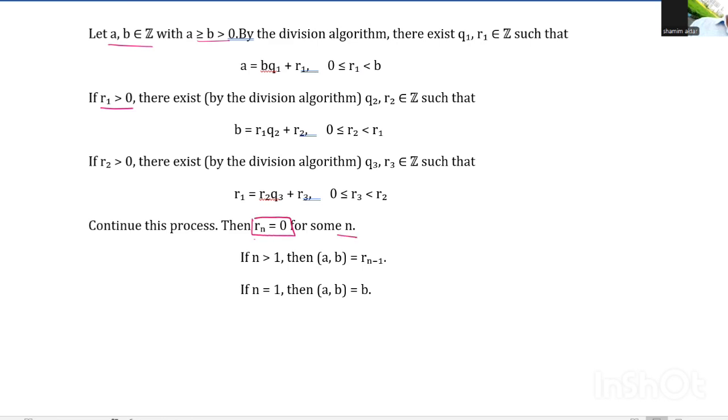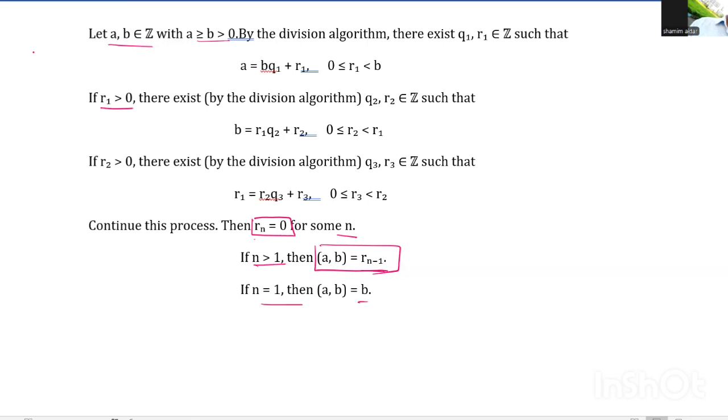If n is greater than 1, then GCD of a and b equals r(n-1). And if n equals 1, then GCD equals b.